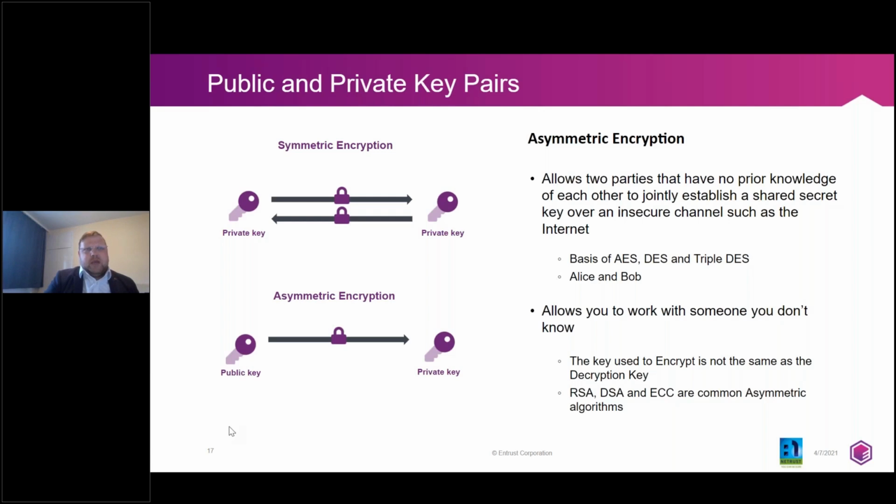So the example here is Bob and Alice. The encryption algorithms that support symmetric encryption are AES, DES, as well as triple DES. The only thing with symmetric encryption is it's not highly scalable if you're trying to communicate securely with a very large number of different entities. If we go to the next slide.